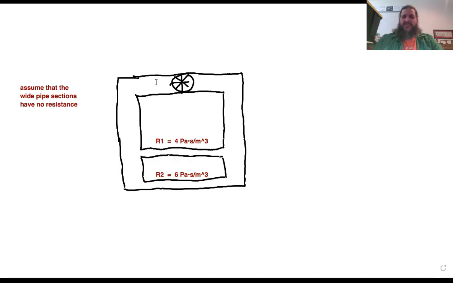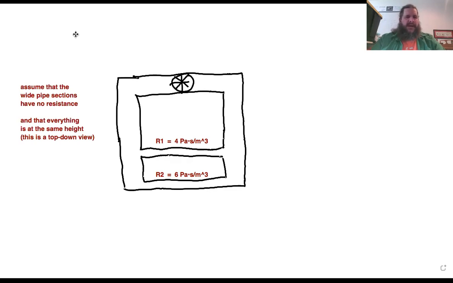And also let's assume this is a top-down view, like this whole thing is just flat on a tabletop, so there's no differences in height. That way we don't need to worry about potential energy density.